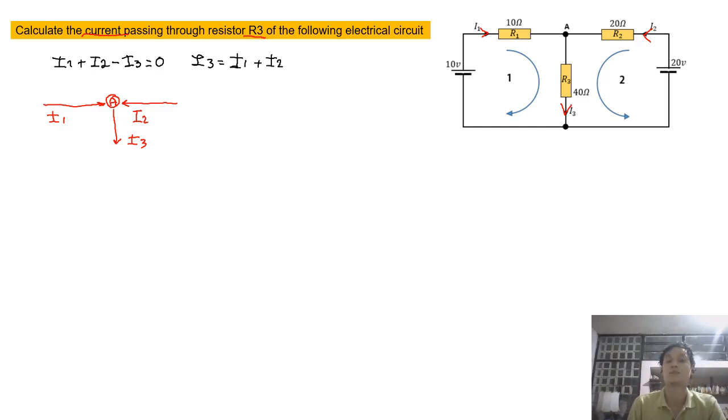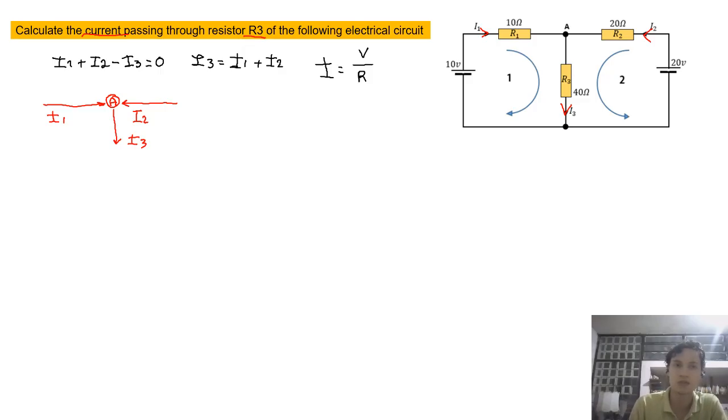What else? We know that the current is equal to the voltage over the resistance. So we can use this equation to find equations for current 1, current 2, and current 3.